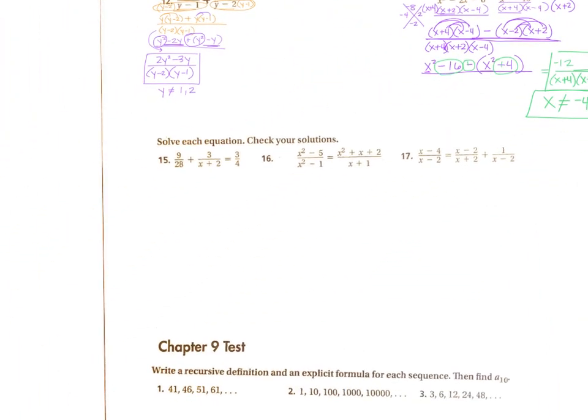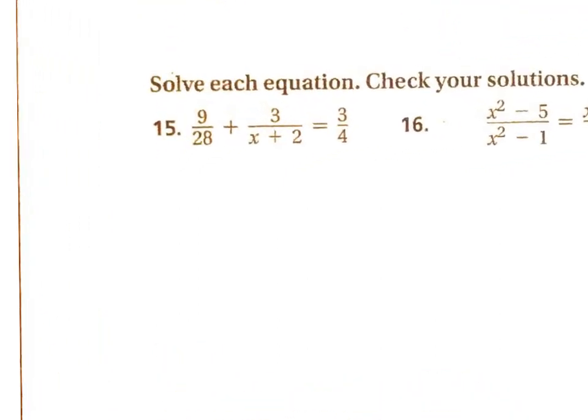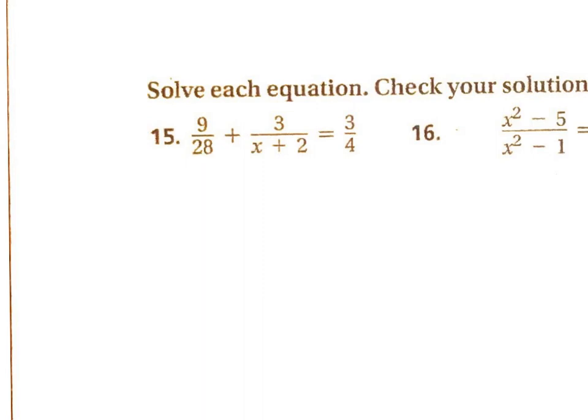Number 15. So this one, you are going to do a little moving around. You have 9/28 here. We want to get that over to the other side to isolate the x. So it's 3/4, which if we think of that in 28ths, if we multiply by 7/7, this is 21/28, right?